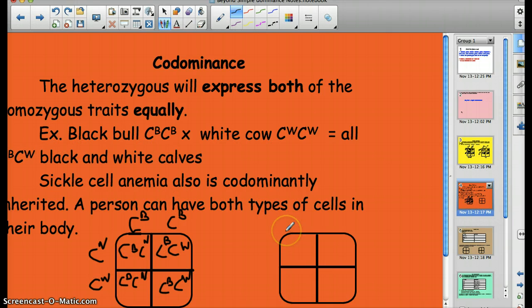So if I was to do my next one, which is the first one that's on your paper, which is a CB CW with a black bull, what do you think you're going to get?